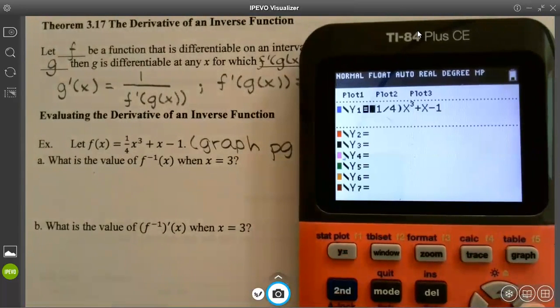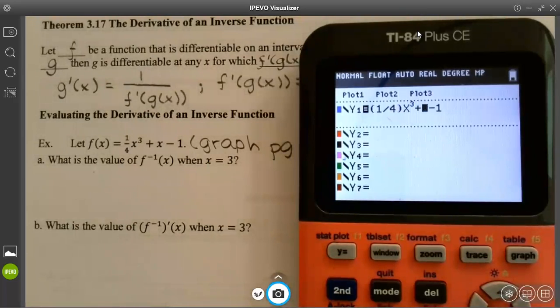I put something in wrong. 4x to the third plus x minus 1. Let me see. I had to write the whole function wrong. That's what I think about it, y'all. All right, let's look.